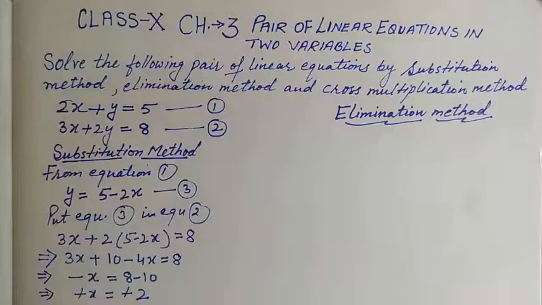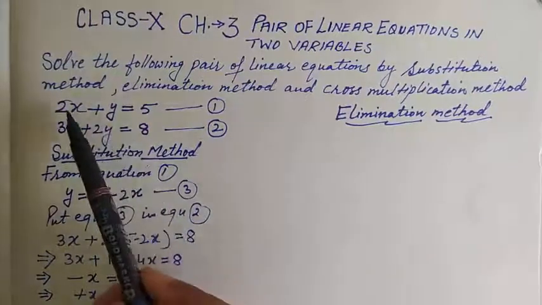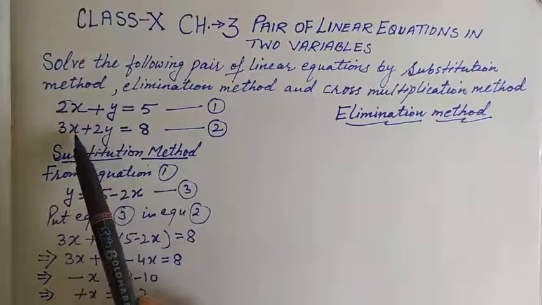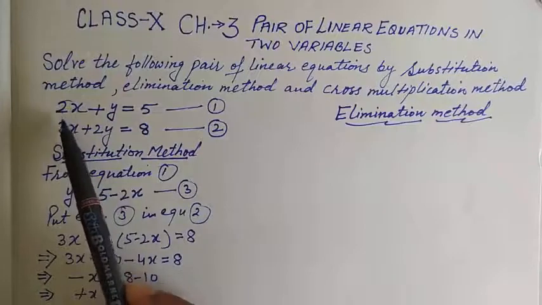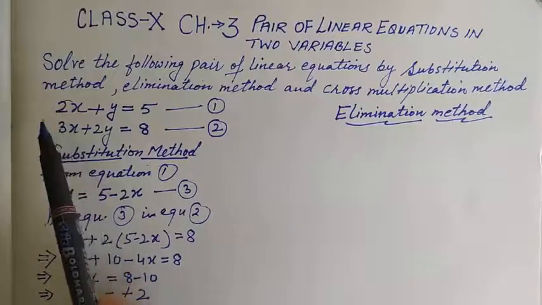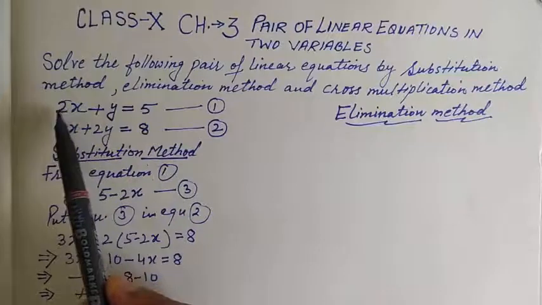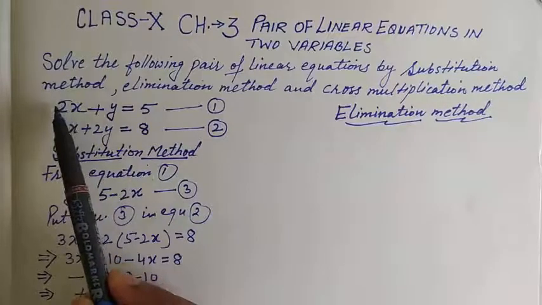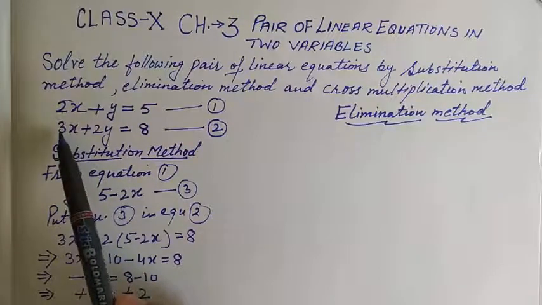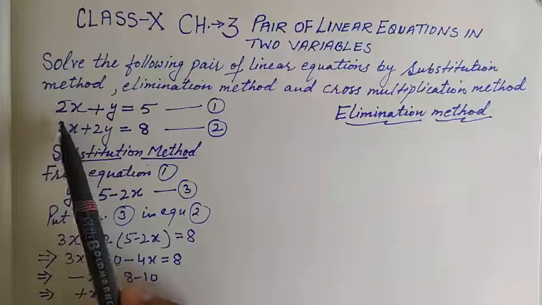So for doing this, what we do, see here coefficient of x is 2, here coefficient of x is 3. So LCM of 2 and 3 is 6. So if I multiply equation number 1 by 3, so it becomes here 6, and if I multiply equation number 2 by 2, so it becomes 6. So coefficient of x in both equations will be 6, 6.